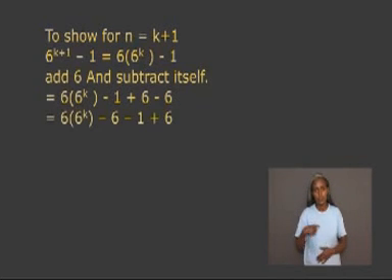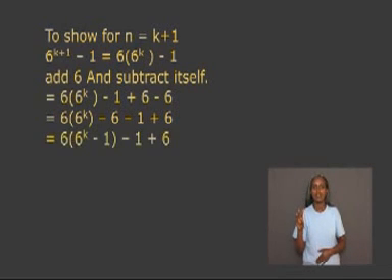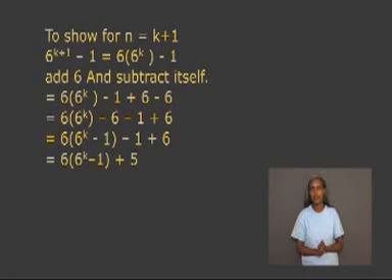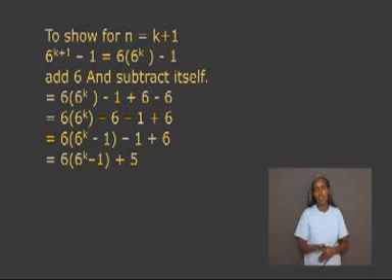We factor 6 out of 6 times 6 to the power of k minus 6, giving us 6 times (6 to the power of k minus 1) plus 6 minus 1. We simplify to get 6 times (6 to the power of k minus 1) plus 5.